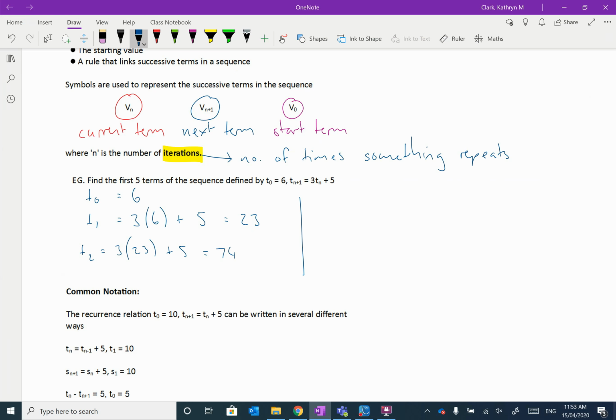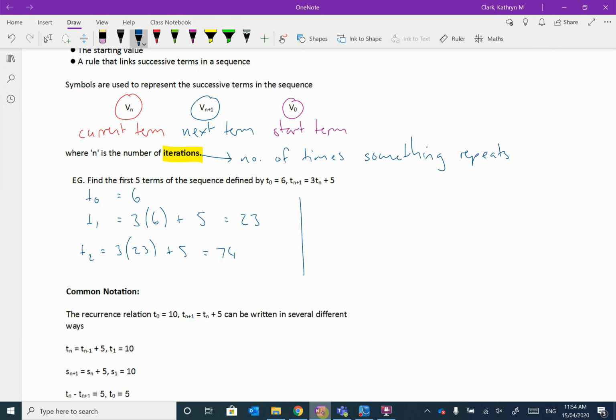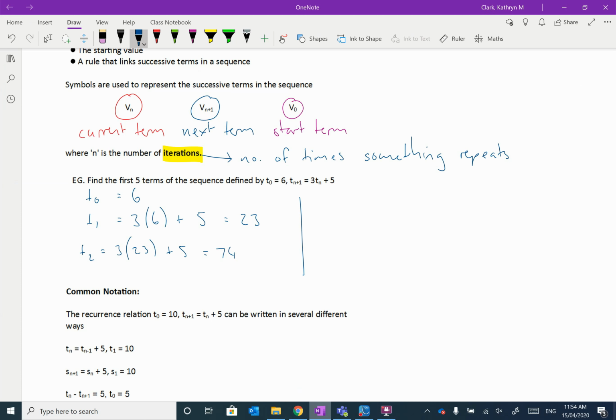So we can actually get our calculator to generate these terms instead. In our calculator, if we start with our first term, so in this case our first term was 6, and press enter, we can then generate the sequence by telling the calculator what we need to do in this rule. So we're multiplying by 3 and then adding 5.